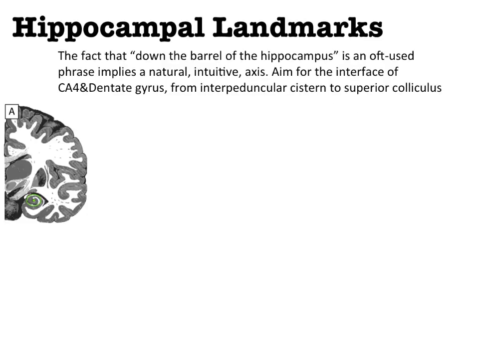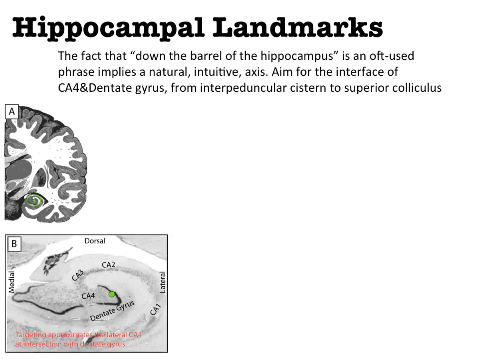Our stereotactic coordinate system is constructed in the following way. The first is we target the long axis of the hippocampus. We define this as the interface of cornu-ammonis area 4 and the dentate gyrus along the body extending from the interpeduncular cistern to the superior colliculus.